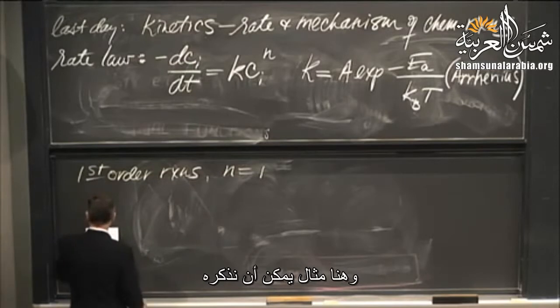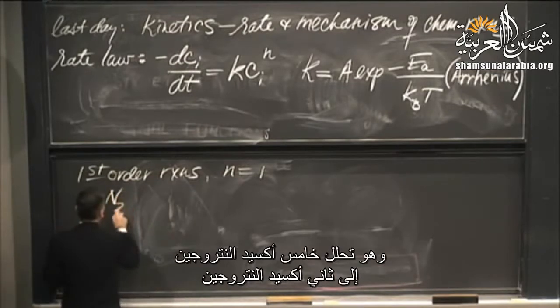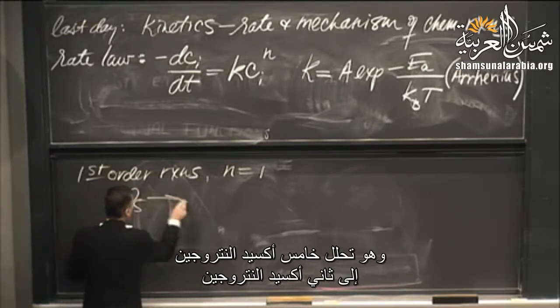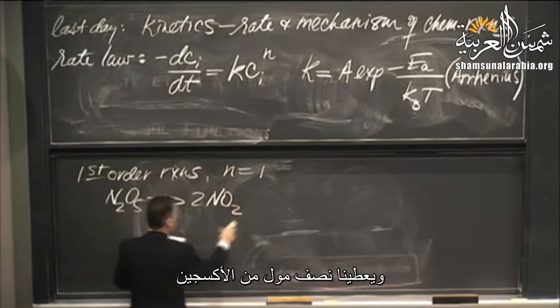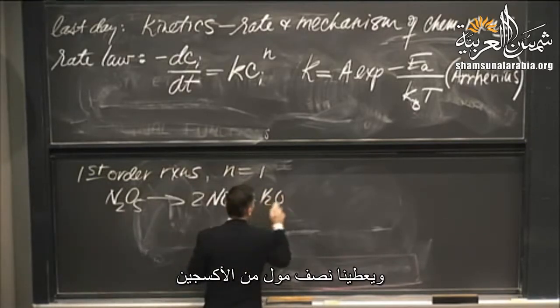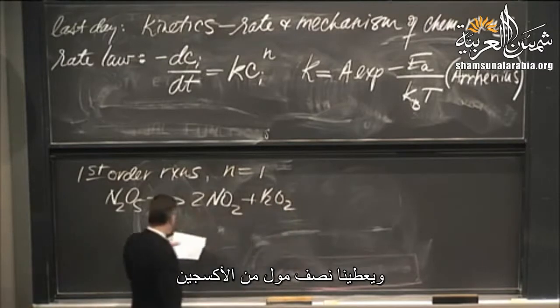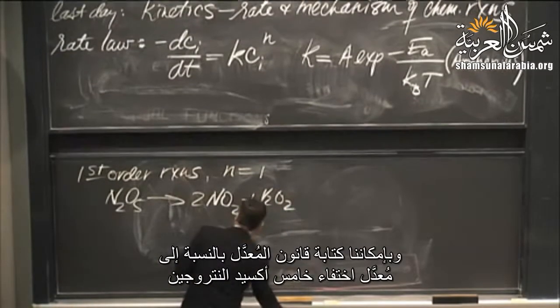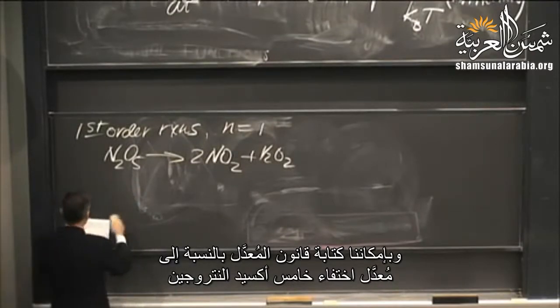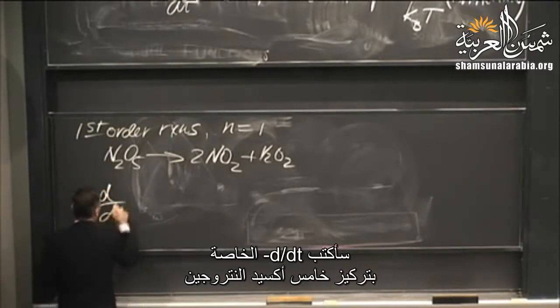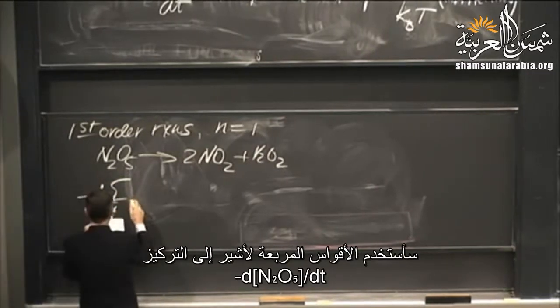And here's an example of something that we could use. The decomposition of N2O5 into NO2, and gives us half a mole of oxygen. And we can write this rate law in terms of the rate of disappearance of N2O5. So I can write minus d by dt of, and I'm going to use square brackets to indicate the concentration of N2O5.